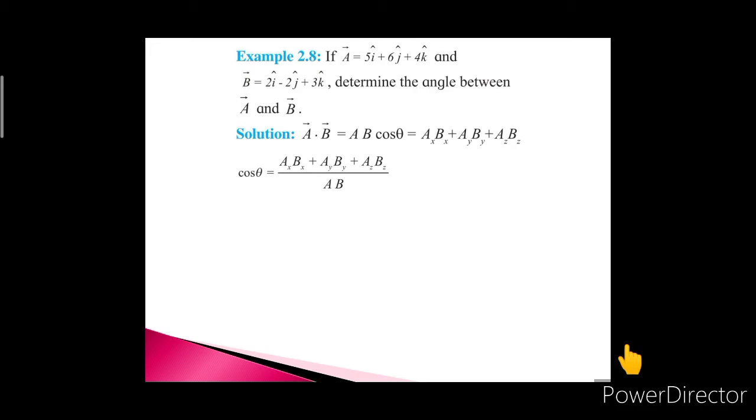And hence cos theta is to be written as AxBx plus AyBy plus AzBz divided by AB.